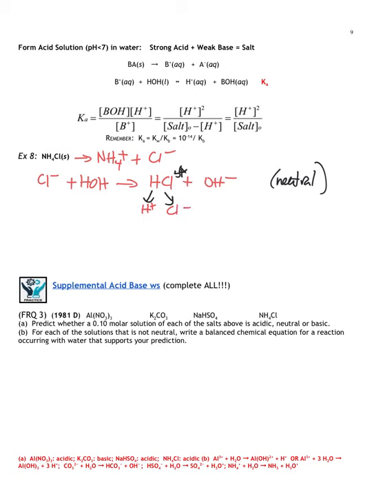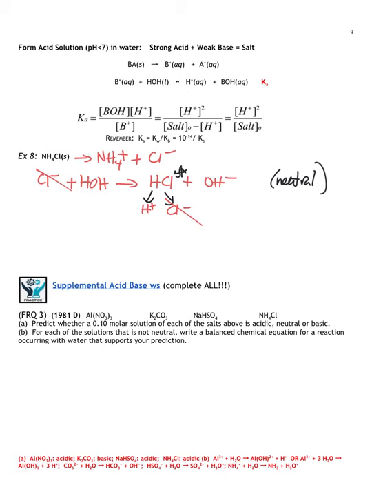You'll notice that Cl- just cancels itself out between the two sides of the reaction, leaving us with water self-ionization. That's why this is a neutral solution, because it's just pure water ionizing into equal amounts of hydrogen ion and hydroxide ion.